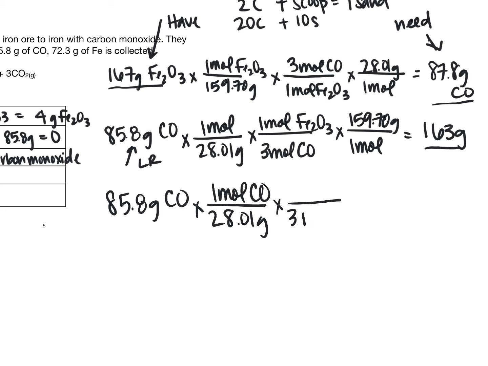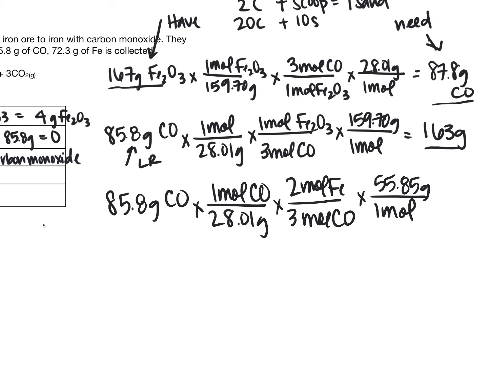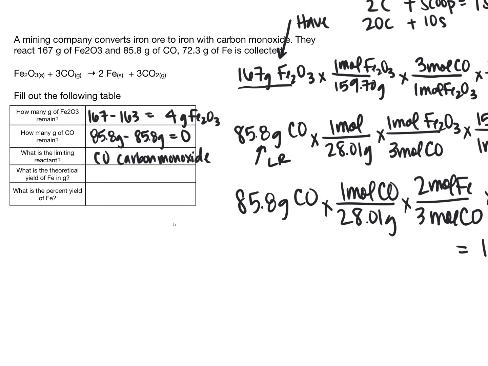There are 3 moles of CO for every 2 moles of Fe, and the molar mass of iron is 55.85 grams in 1 mole. And so this gives us 114 grams of iron is our expected yield. So we can write this in our table, 114 grams.